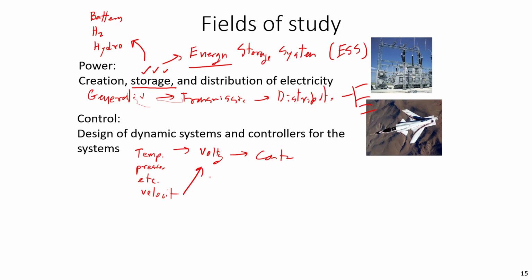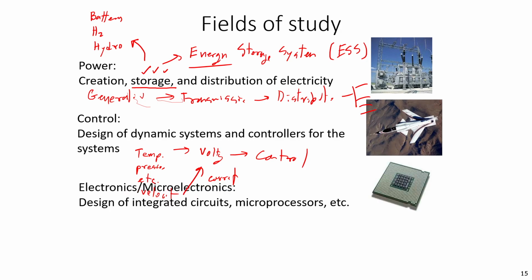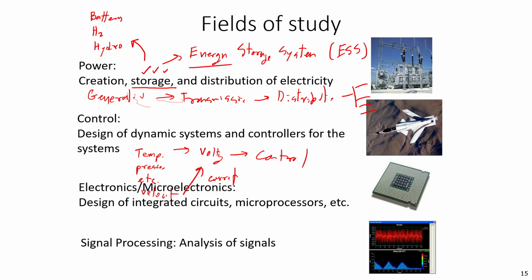We can convert to current or voltage, and then we make control. Electronic and microelectronic design, selective microprocessor, which is about electrical engineering and computer and electronic engineering. Signal processing analysis. This is used in many fields of study.